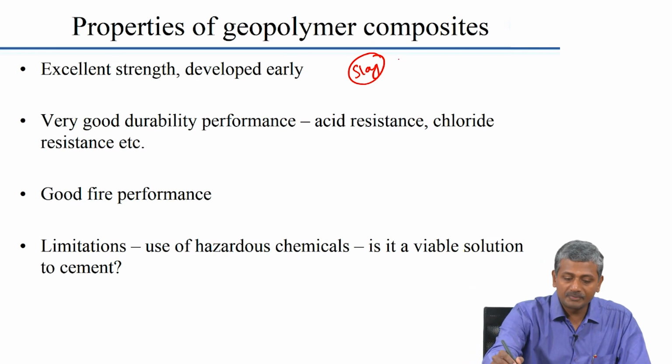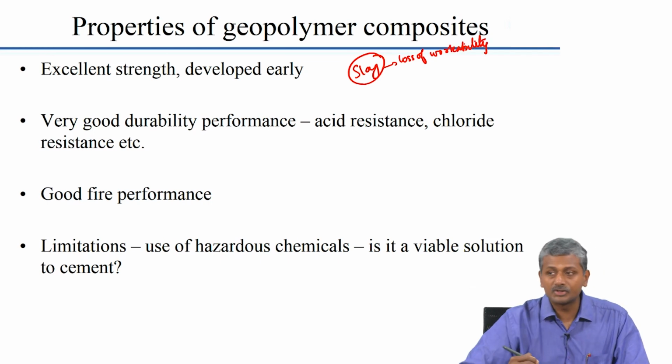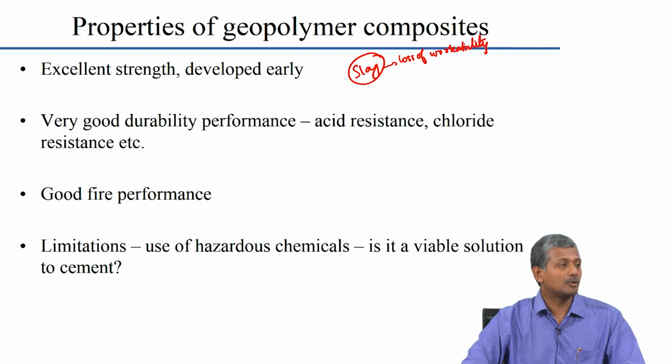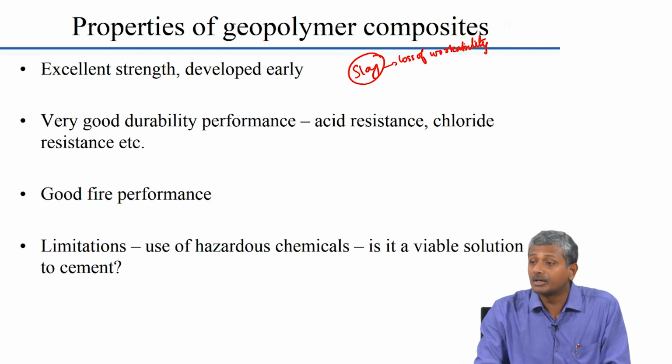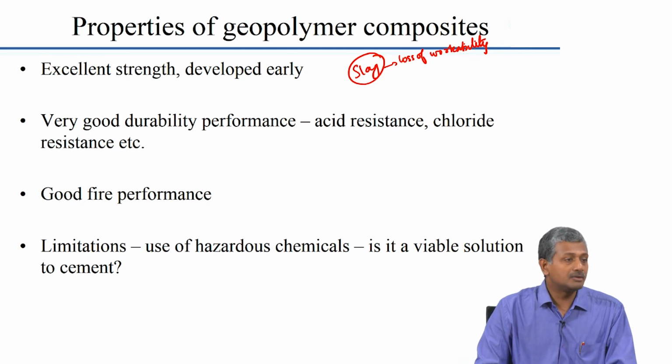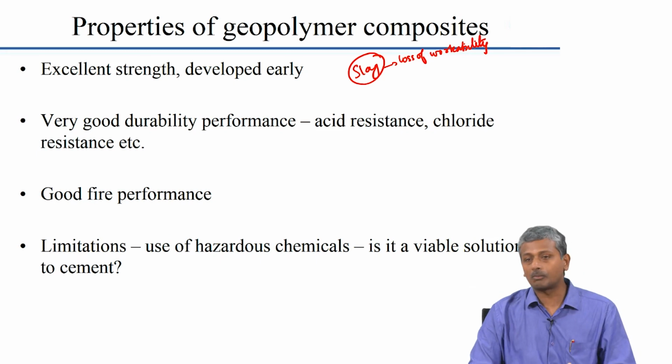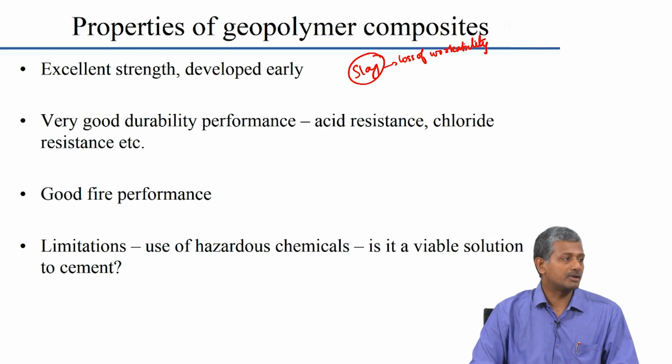So, there is major loss of workability when slag is used. In fact, slag based geopolymer mixes are known to be workable only for between 15 to 30 minutes. So, that is a serious problem if you are trying to do some large scale concreting.